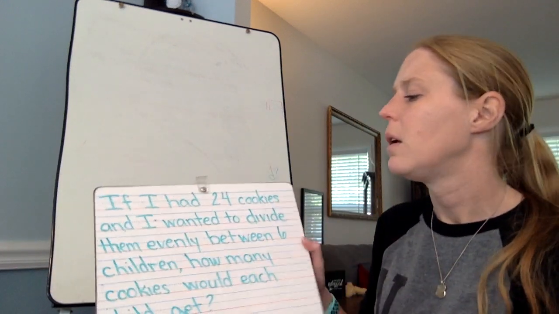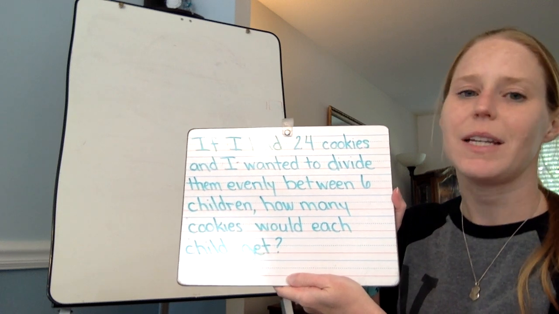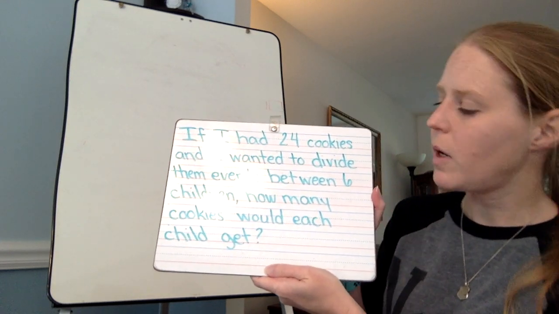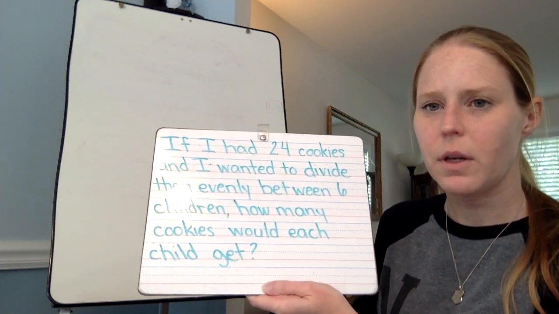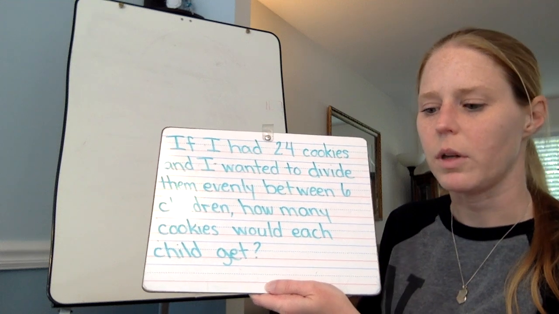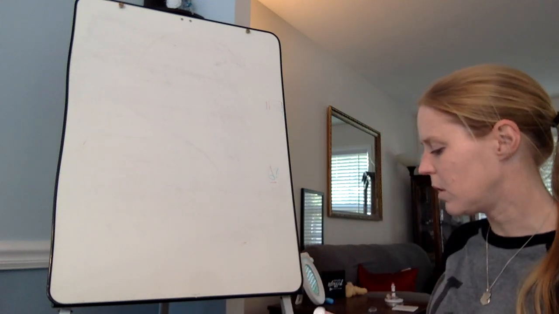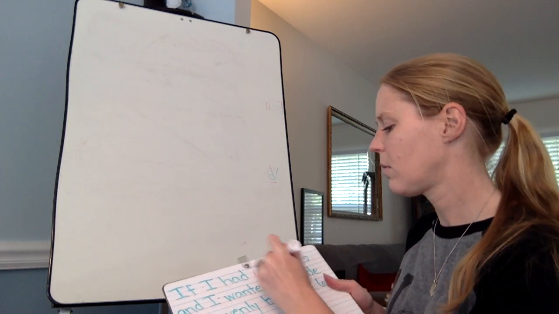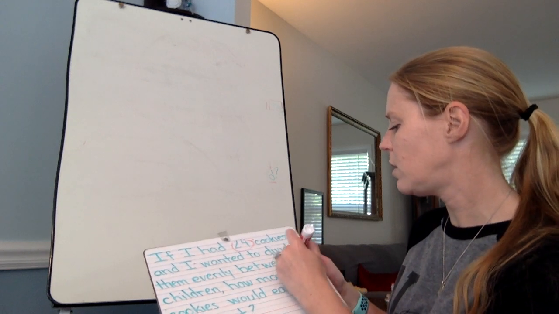My problem is, if I had 24 cookies and I wanted to divide it evenly between 6 children, how many cookies would each child get? Let's figure out what we're looking for. So I have 24. I'm going to circle the 24. And I wanted to divide them evenly between 6 children.